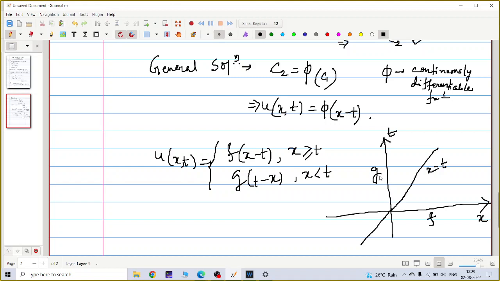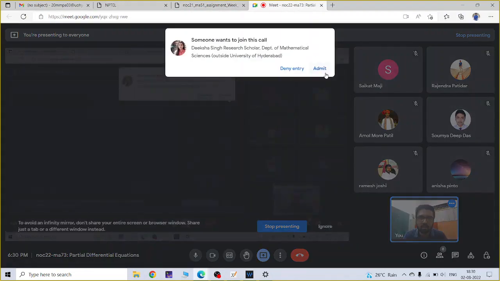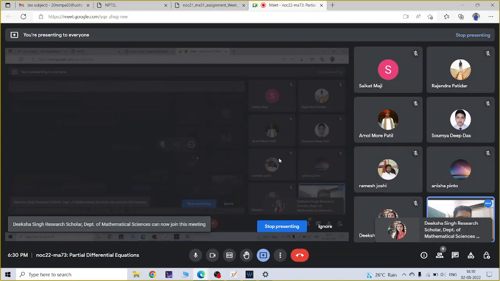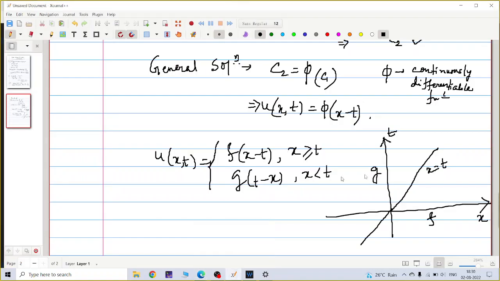Here it is g. So here is the x equal to t line, and f is given here, g is given here. f and g are C1 functions.